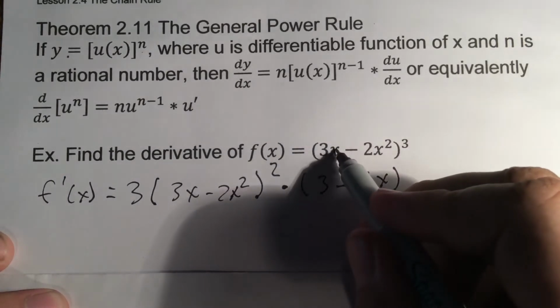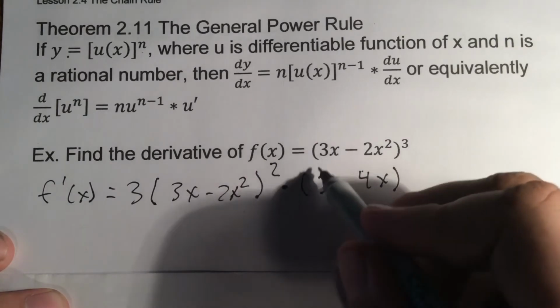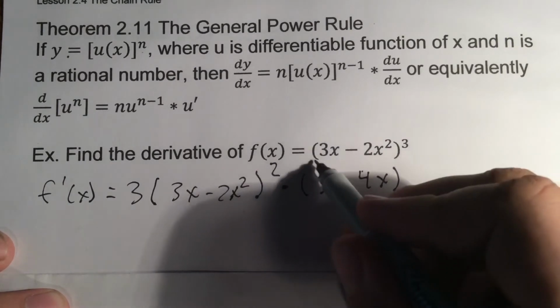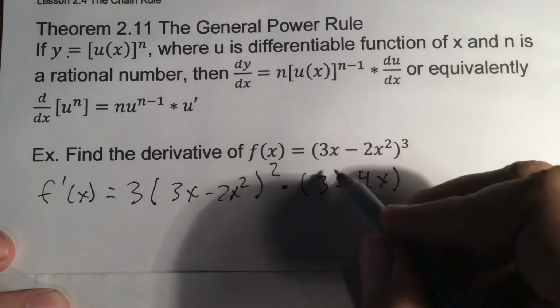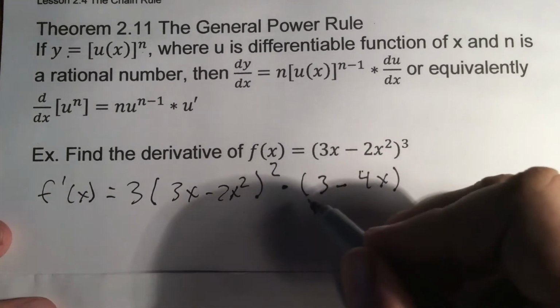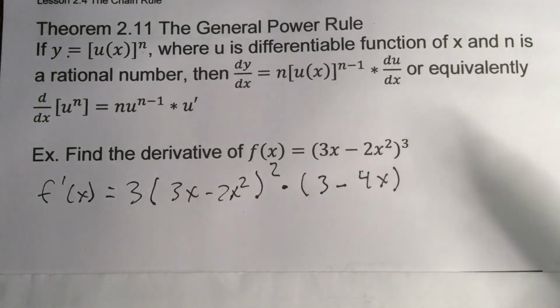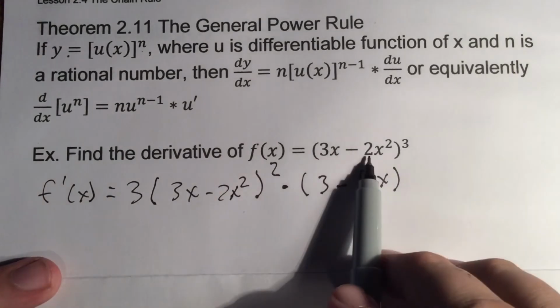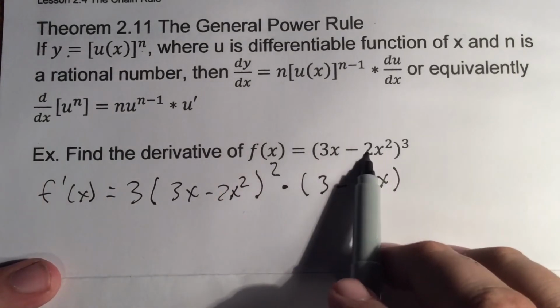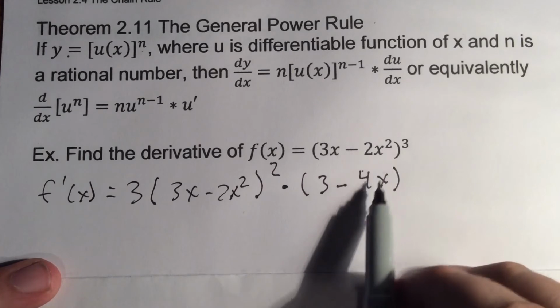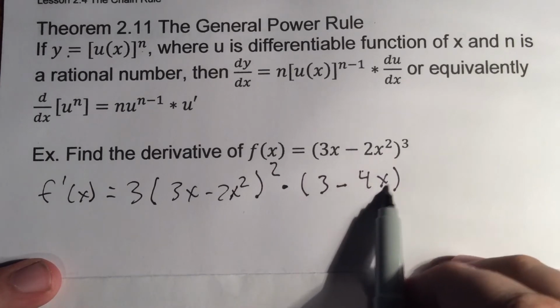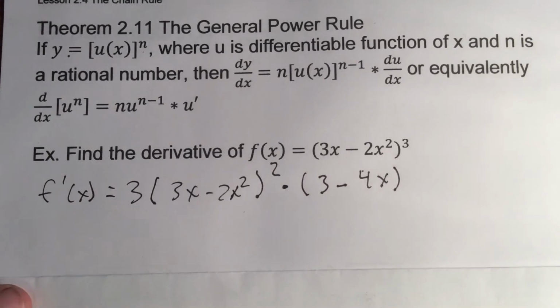So the x here would disappear since there's no exponent. That's technically x to the first, so 1 times 3 is 3. The x goes to 0, anything to the 0 power is 1, so 3 times 1 is 3. Back part here, the 2 times the 2 makes it 4. 2 minus 1 is x to the first. A lot of times we don't write the first, we just leave it as an x. Okay?